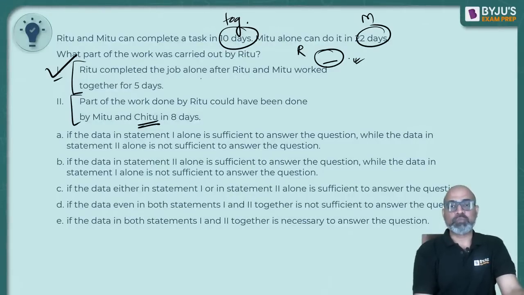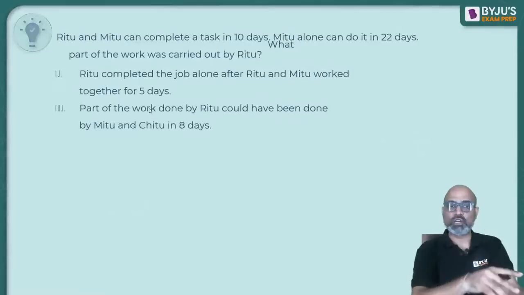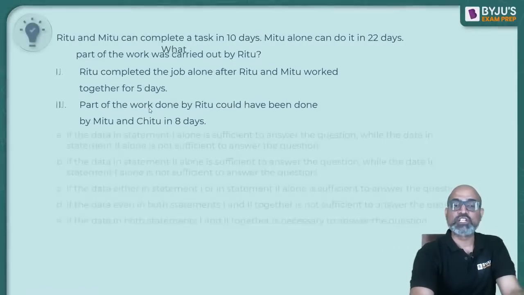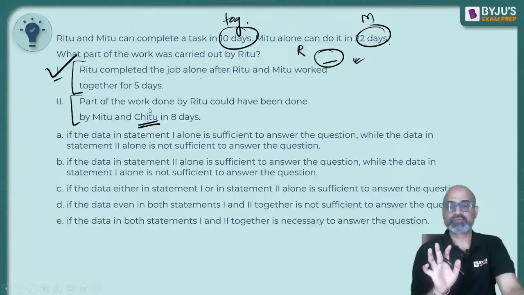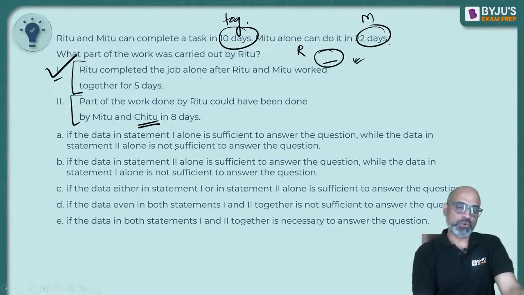So if I know Me2 will take 22 days and Me2 and C2 take 8 days, so we can figure out C2 alone, then we can figure out C2 alone will take how many days, right? If C2 is able to do it in certain number of days, तो ये नहीं निकलेगा इधर से.